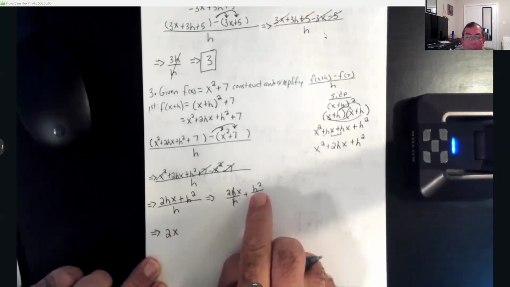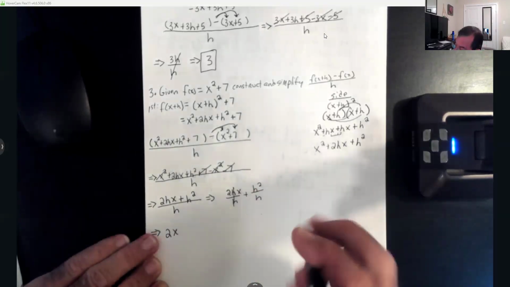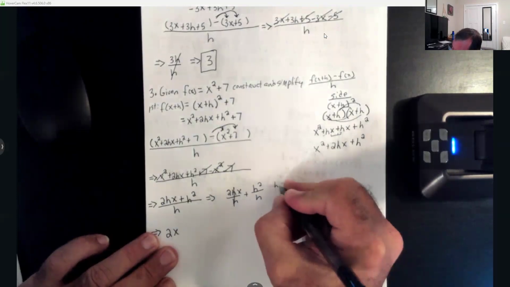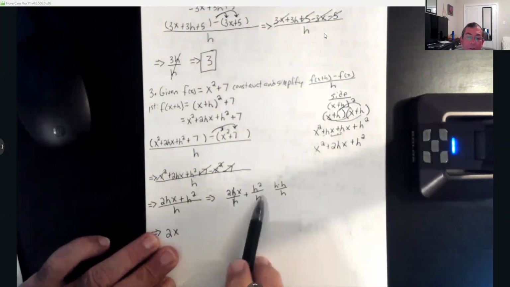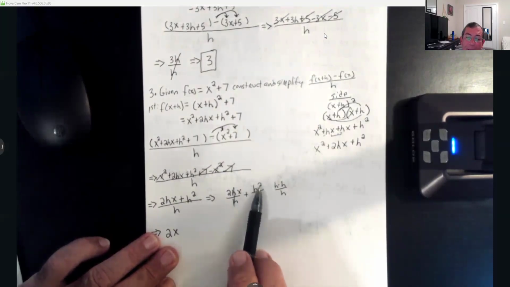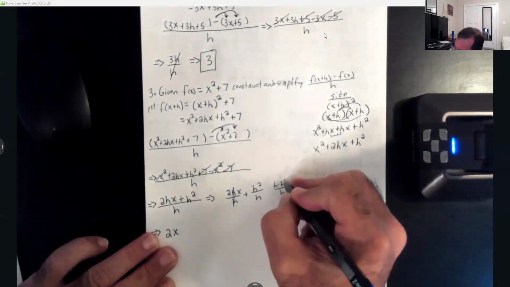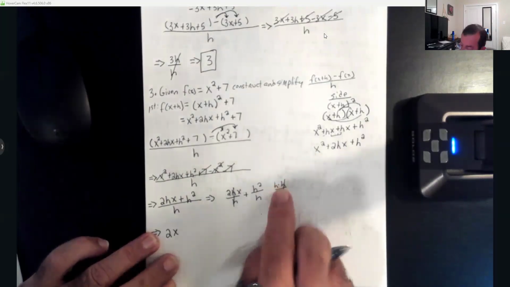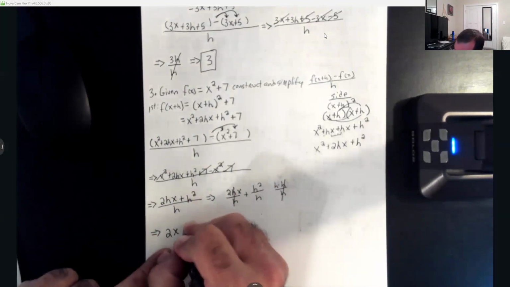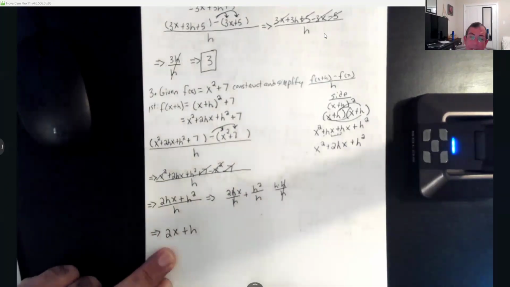Now on this one, you got to remember, h squared is really h times h over h. So if you write it as a h times a h, you'll see that one of those h's will cancel, leaving me with one h. So this will be a 2x plus h.